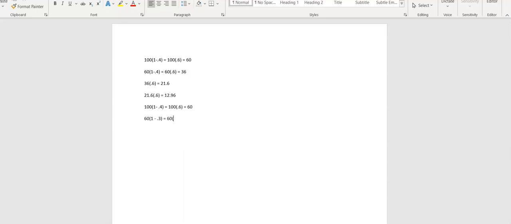So that's going to be 60 times 0.7. And that's probably 42. Let me make sure. And it is. All right, and that is actually how much of the original price that we ended up paying. We're paying 42% of the original price.